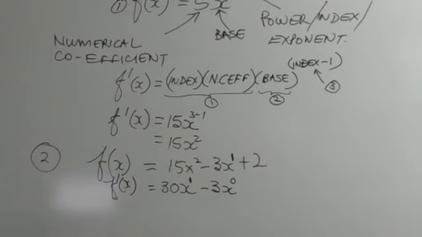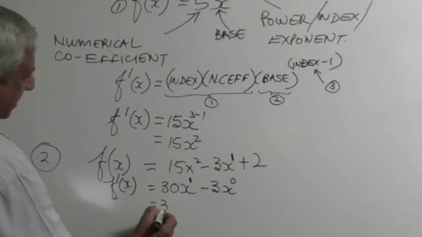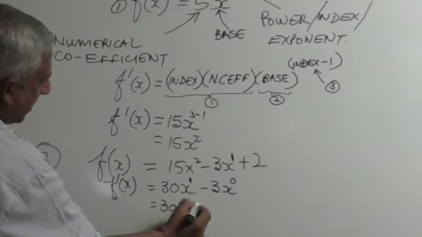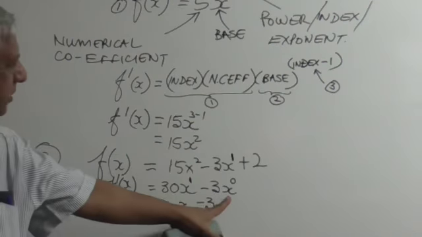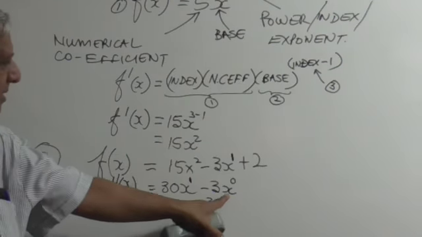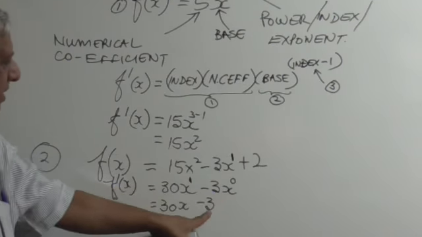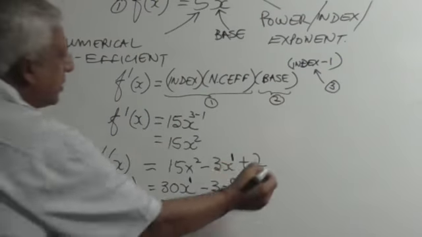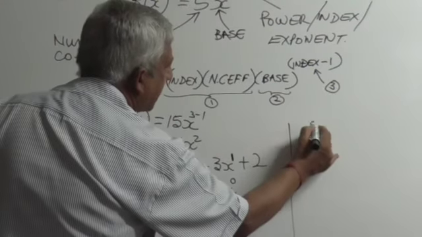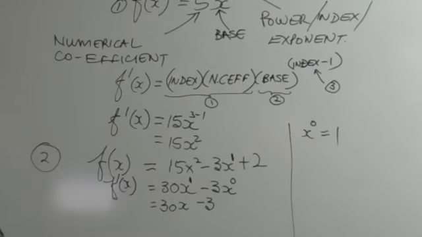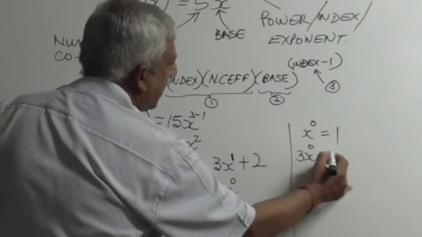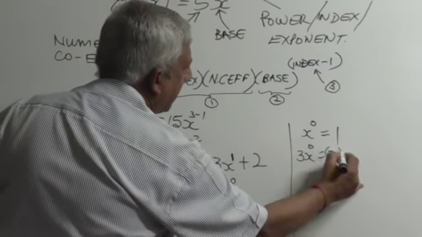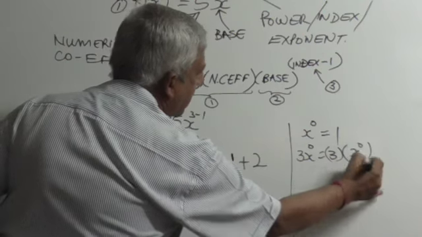So this is actually 30x minus 3. Now this x to the 0 is 1. So 3 times 1 will give you 3. So I'll just do it on the side. You must understand that x to the 0 is 1. So 3x to the 0 really means 3 times x to the 0.